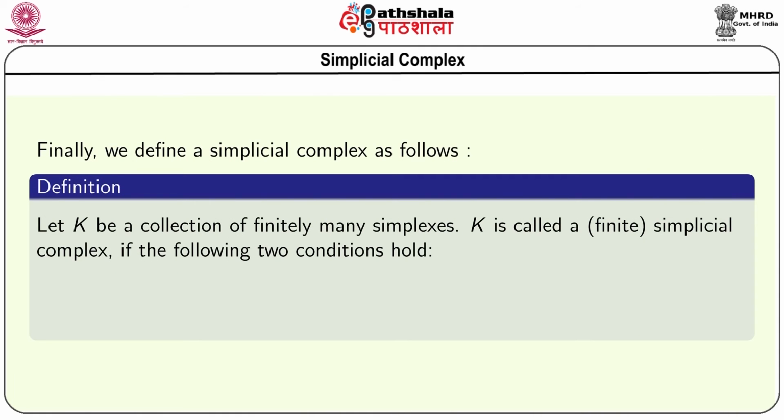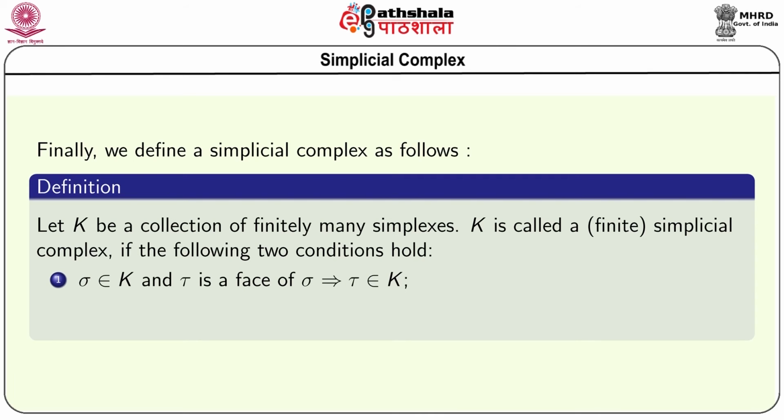Now, finally, we define a simplicial complex. Suppose K is a set of finitely many simplexes. We call K a finite simplicial complex if the following two conditions hold.